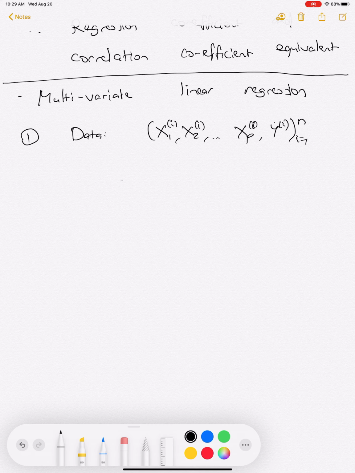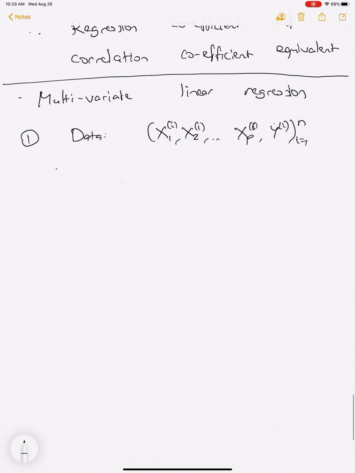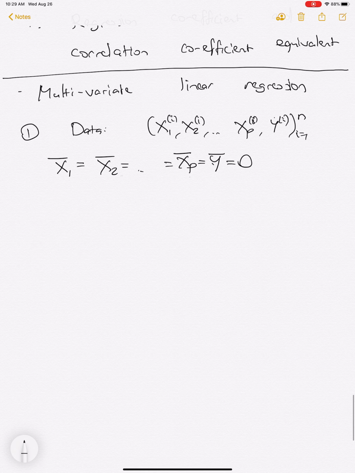So we're going to center all our variables: x bar 1 equals x bar 2 equals x bar p equals y bar equals 0.